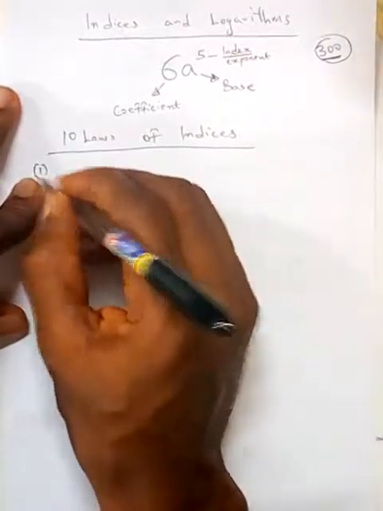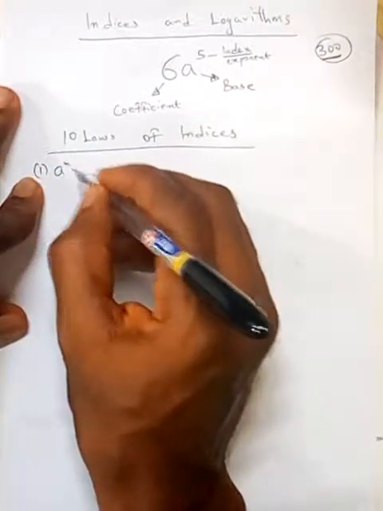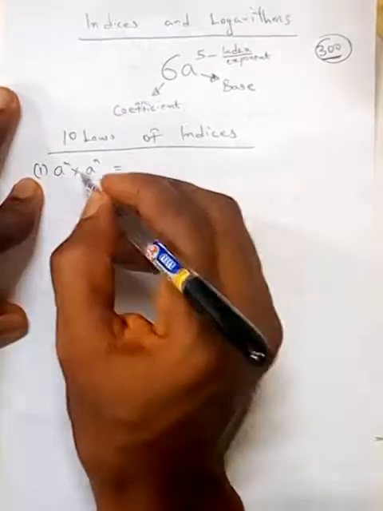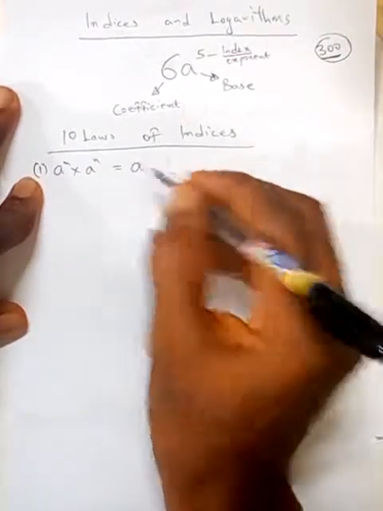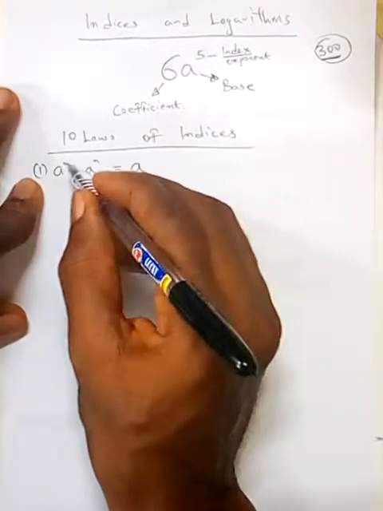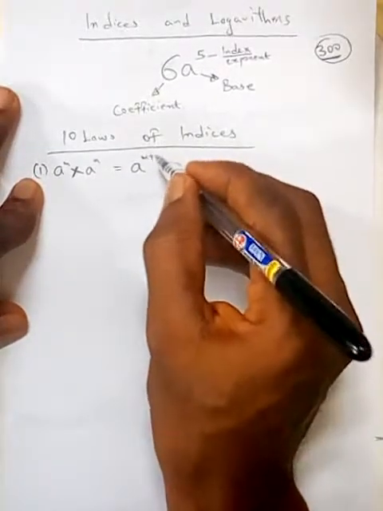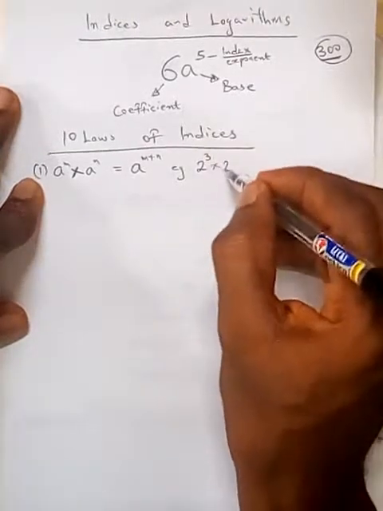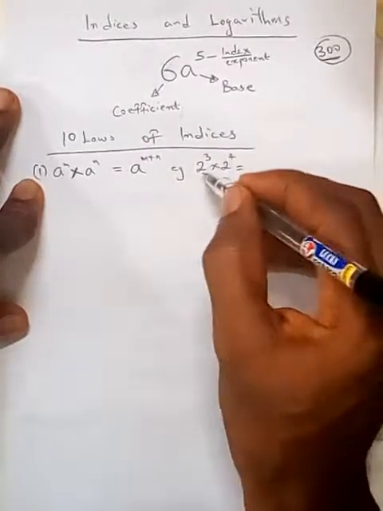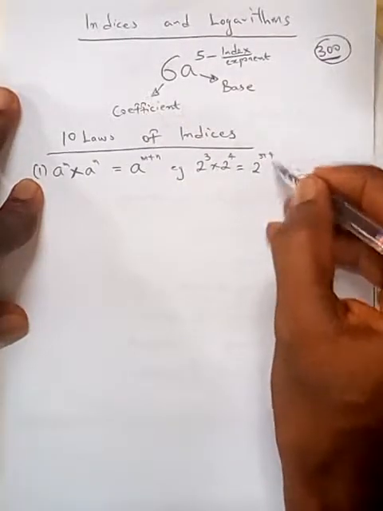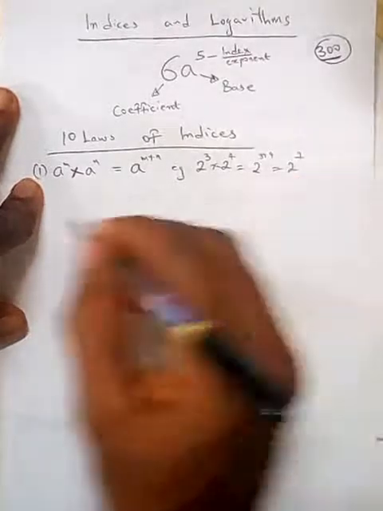Law 1: a raised to power m times a raised to power n. Same base, you take one base. Because this is times, you add the powers, m plus n. For example, 2 raised to power 3 times 2 raised to power 4: take one base, 2, add the powers, 3 plus 4, that's 7, so 2 raised to power 7.